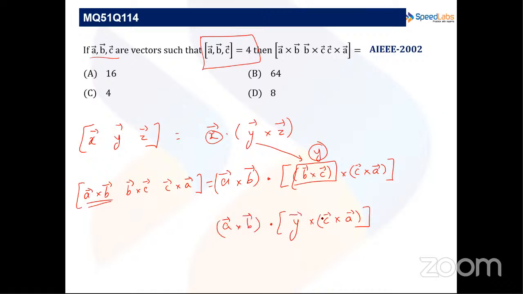Now if you see here, this was a scalar triple product and this is a vector triple product. So what is the formula for vector triple product?